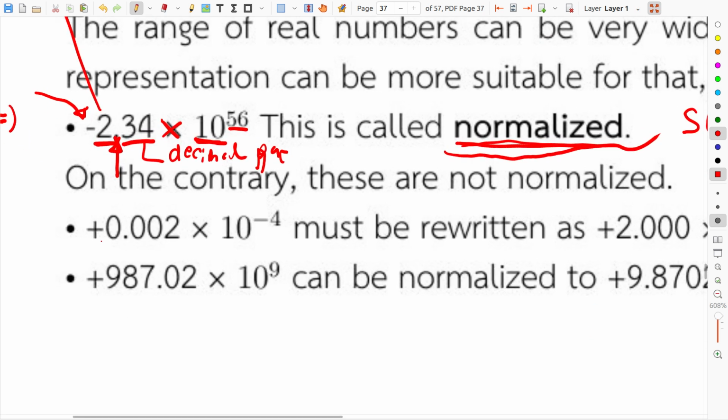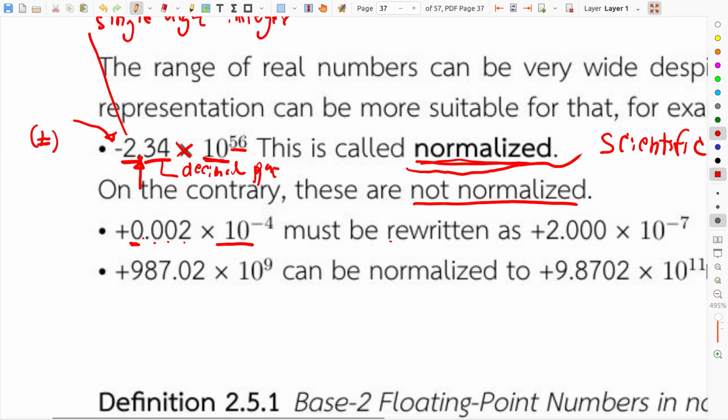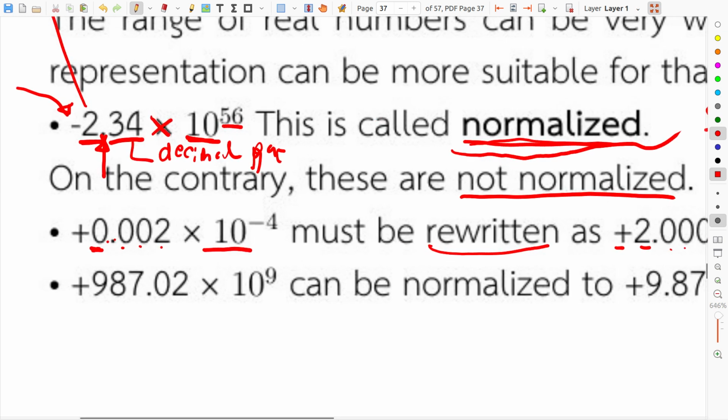However, if you write it in this form, 0.002 times 10 to the minus 4, it's not normalized. So it must be rewritten as plus 2.00 times 10 to the minus 7. In this case, you can see the decimal point is shifted 1, 2, and 3 places.